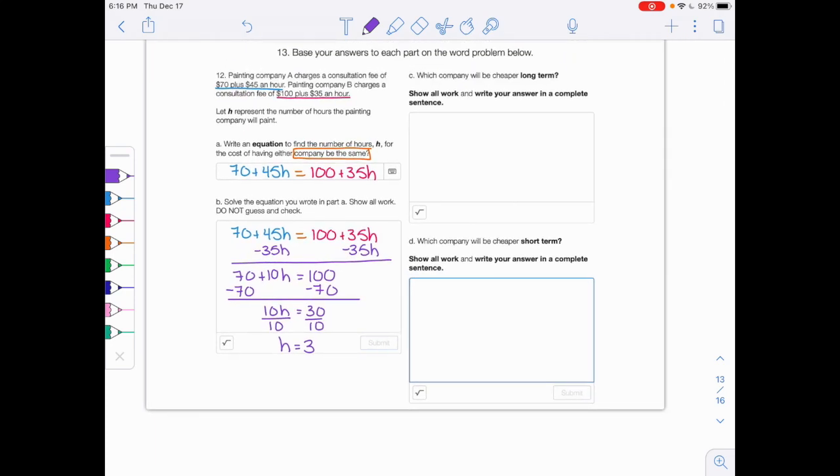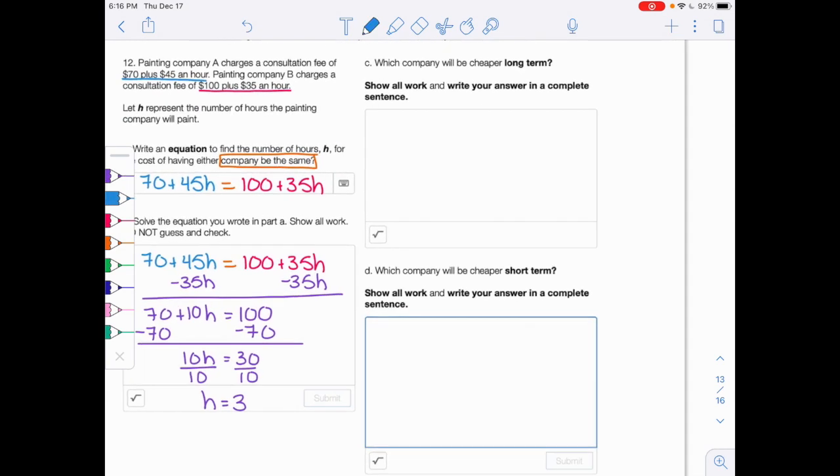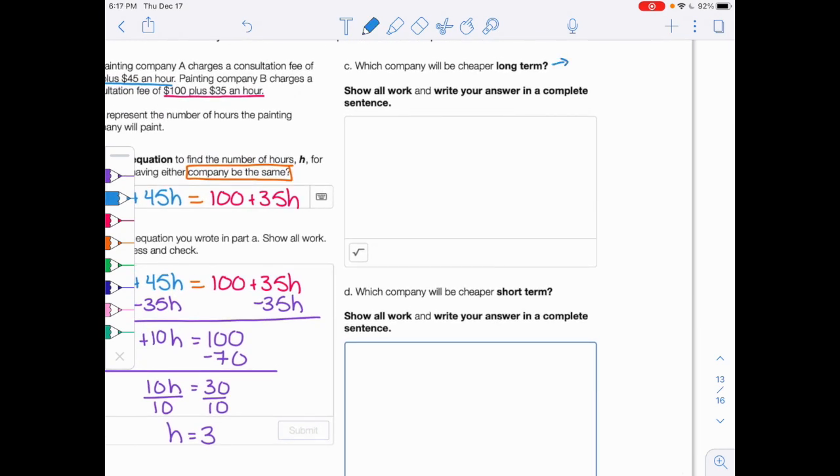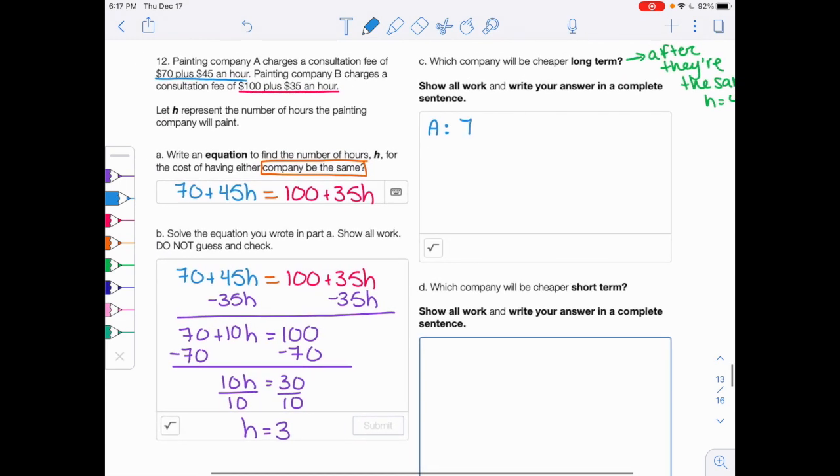So, which company will be cheaper long term? Remember, long term means after they're the same. So like H equals 4 or H equals 5, I'm going to use H equals 4. So company A is going to be 70 plus 45 times 4.